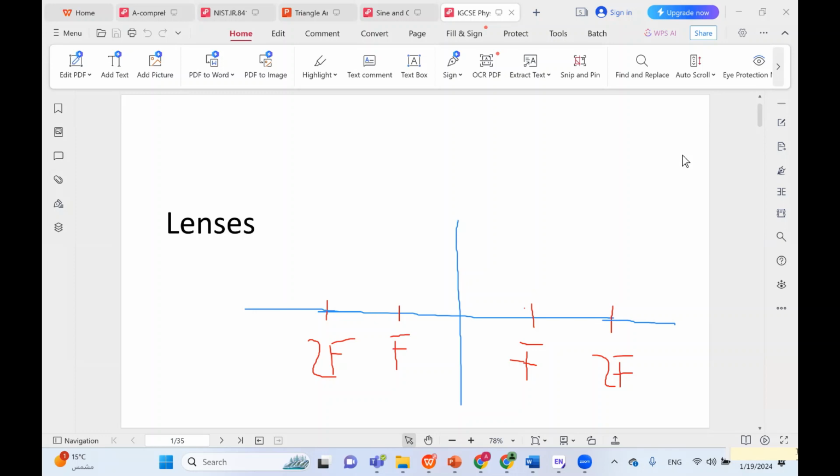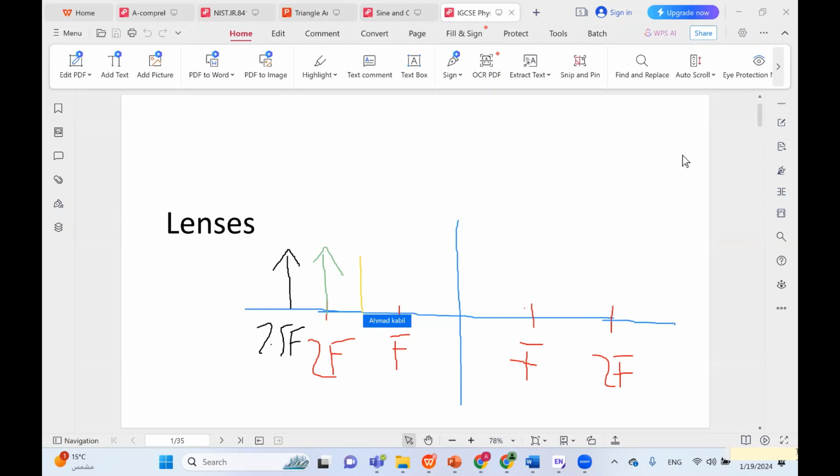We have three objects, one at 2f exactly, one at a distance slightly more than 2f, let's say it's at 2.5f, and a third arrow at maybe 1.5f.